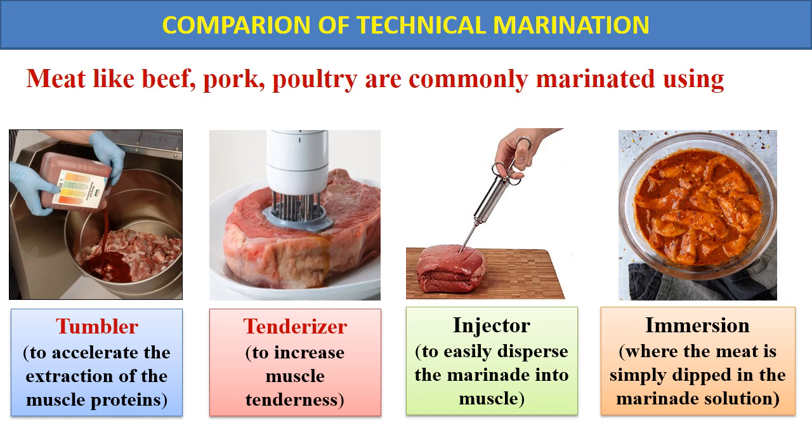And the common practice is the immersion method, where the meat is simply dipped in the marinade solution. Here the marinade is more liquid and fluid. In water or vinegar or yogurt, all the ingredients are mixed, so it will be more watery and liquid, and then the meat is dipped inside this for marination, which is called immersion marination.